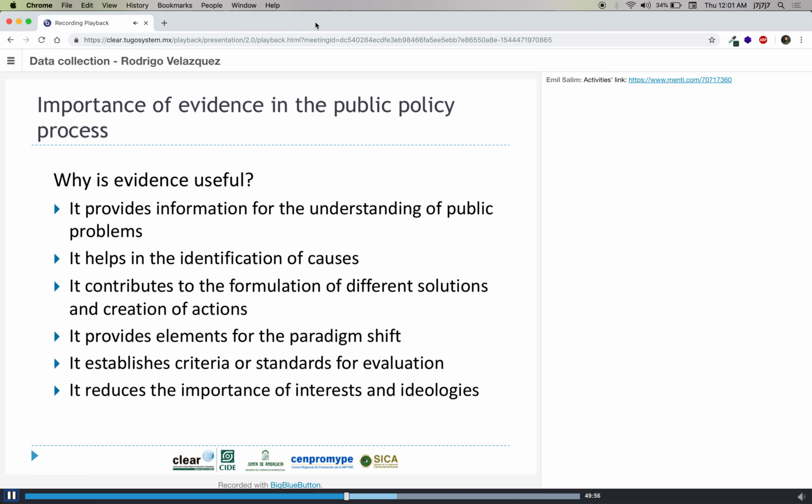So we have had many elements and evidence. If we only rely on the police, this is not going to help us to achieve the objectives. And that's why this paradigm has been changed in many cities to citizen security.